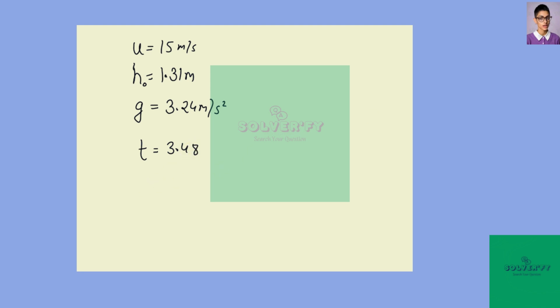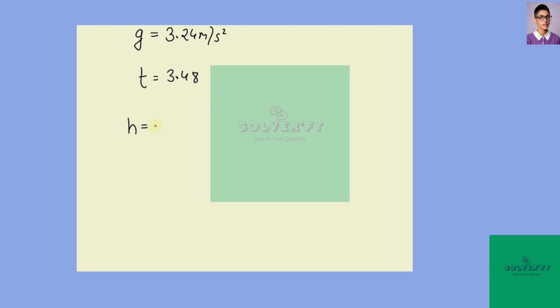Here we will use the equation of motion, h is equal to h naught plus ut plus 1/2 a t squared. But now the acceleration will be acting downwards, so this will be minus.